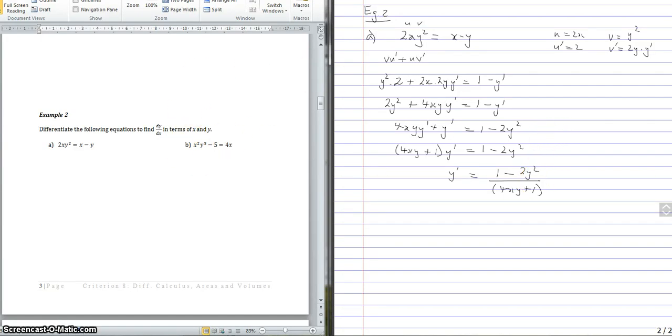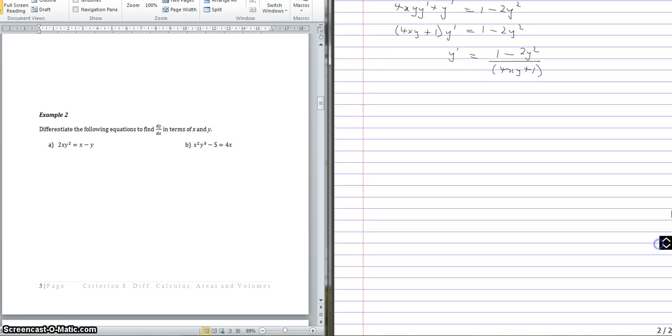Let's look at question B. We've got x squared y cubed minus 5 equals 4x. Again, we've got a product here, so uv, and when we work that out, u dash is going to be 2x and v dash is going to be 3y squared times y dash.